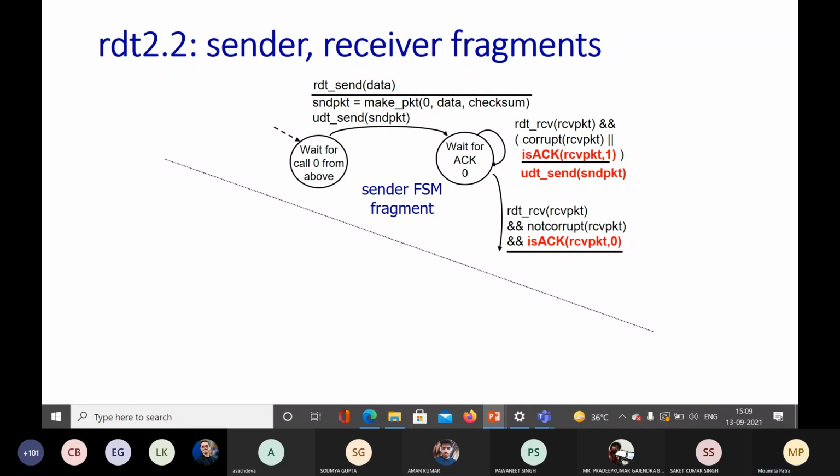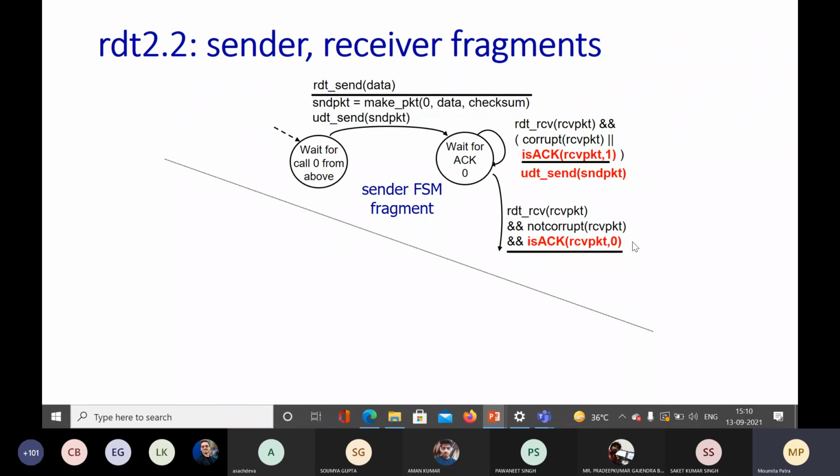Okay. Now let's go with the positive side first. Suppose a packet is received at the sender side and the packet is not corrupt, and the sequence number of the acknowledgement is also 0. It had sent a packet with sequence number 0, and it is waiting for acknowledgement of that packet with sequence number 0.